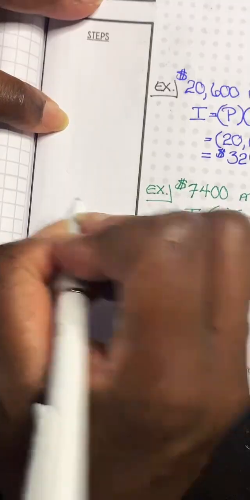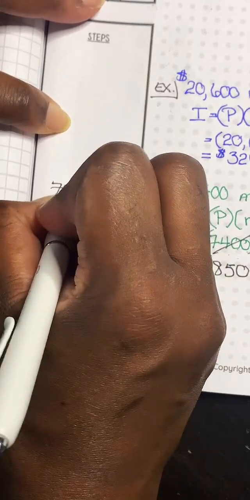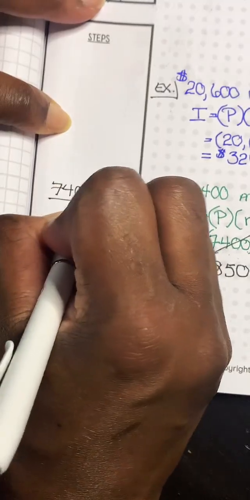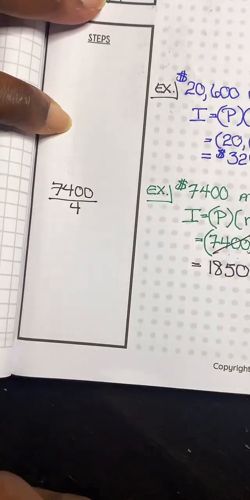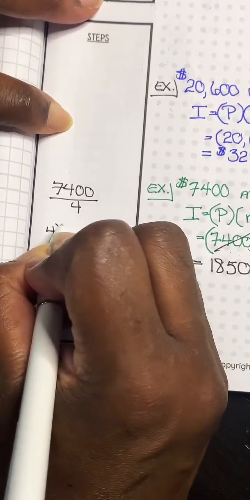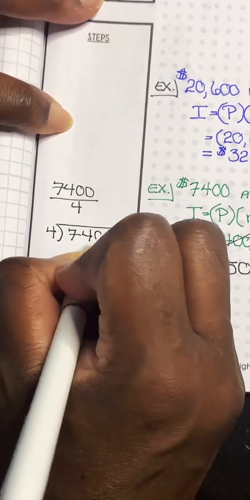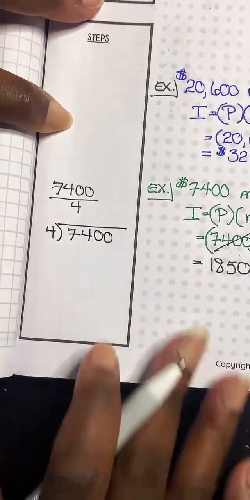Because 1/4 is just the same as saying 7,400 divided by 4. So if I do that, my 4 is outside, 7,400 is underneath the division.